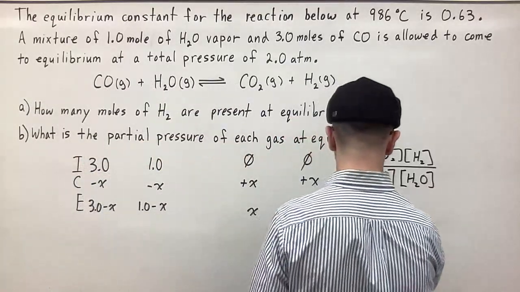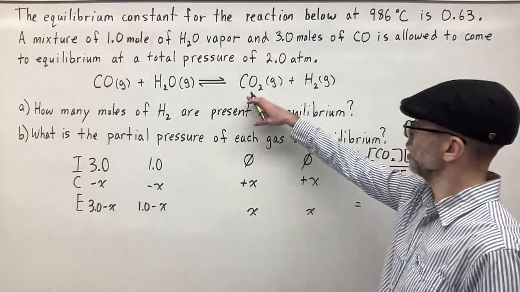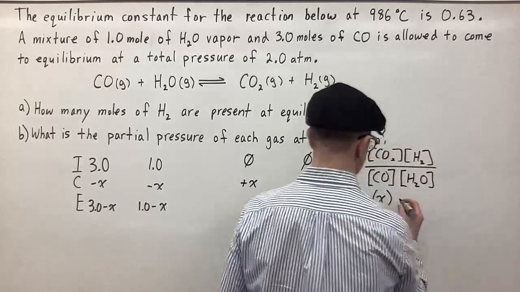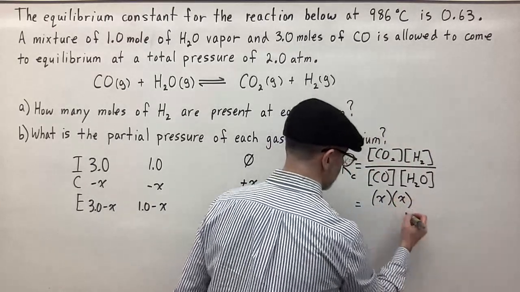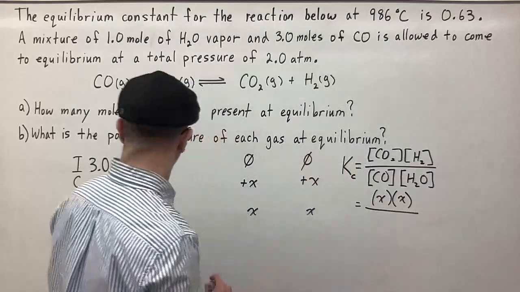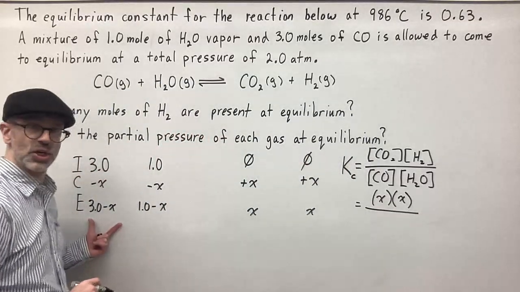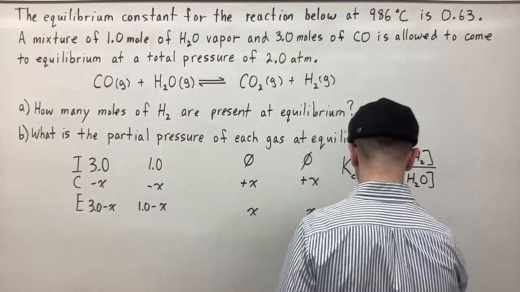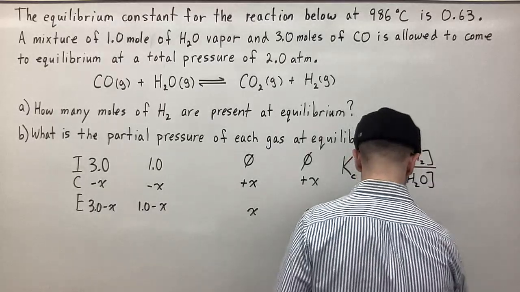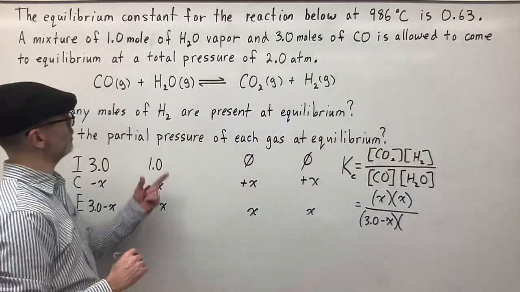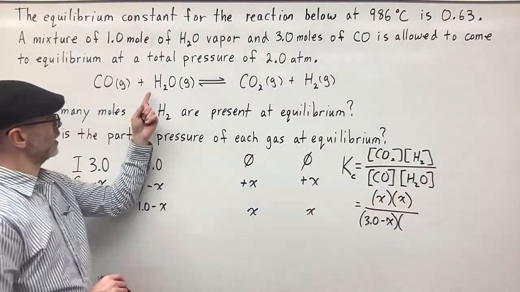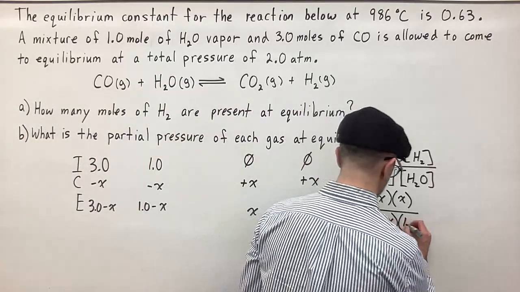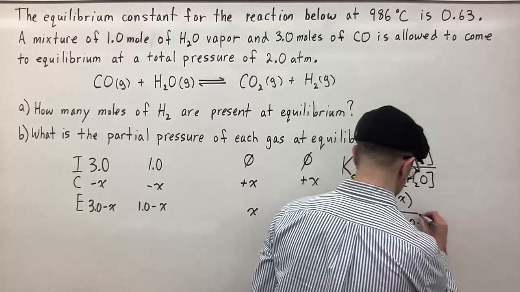So that means the CO2 is x, the H2 is x, so it's going to be x times x divided by, and then we have CO as 3.0 minus x, so we're going to put 3.0 minus x times, and then we have the water vapor concentration, which is 1.0 minus x, so we're going to put 1.0 minus x.